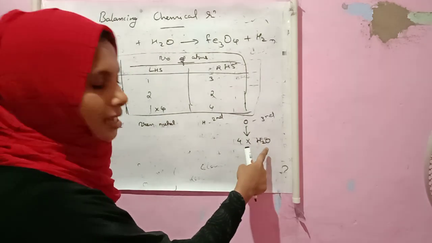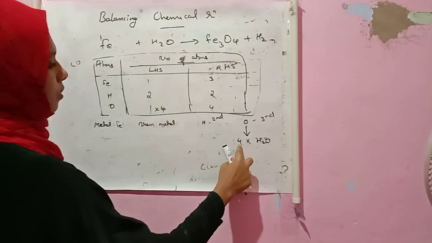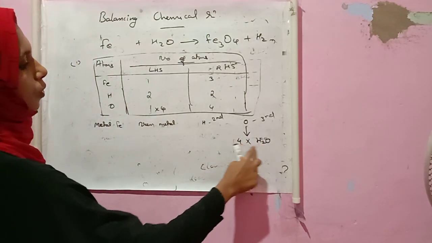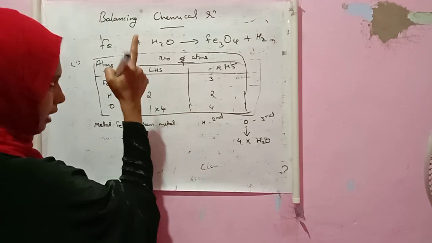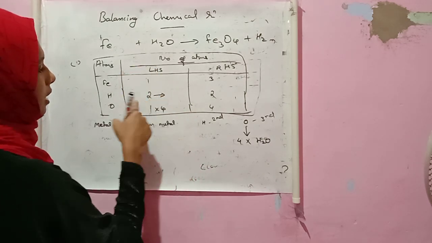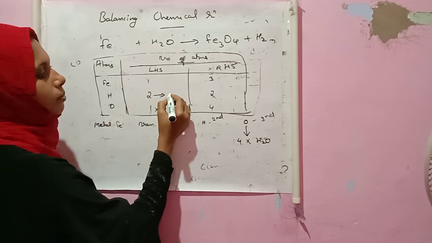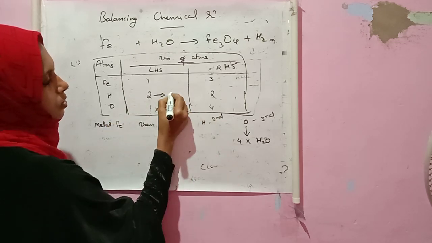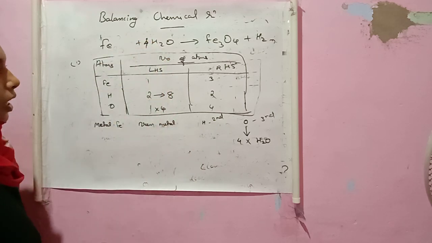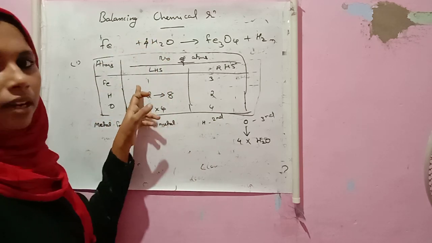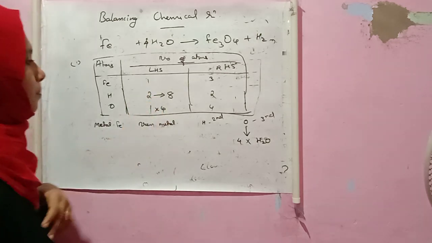Hydrogen changes from 2 to 4 into 2, that is 8, on the LHS. Don't forget to write it. Oxygen is balanced, and at the same time hydrogen has changed on the LHS.